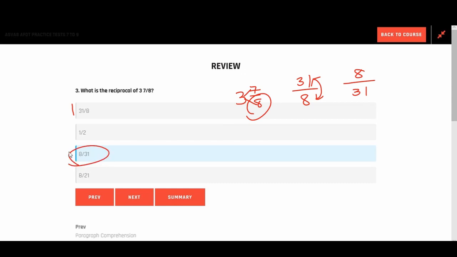Again, if I were to ask you what the reciprocal of 5/12 is, you would just flip them, and it'd be 12 over 5. What's the reciprocal of 15 over 12? Flip them, 12 over 15. The only trick in this problem was you had to go from a mixed number to an improper fraction to the reciprocal.